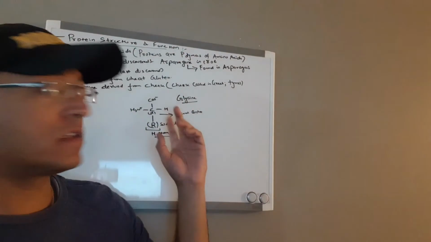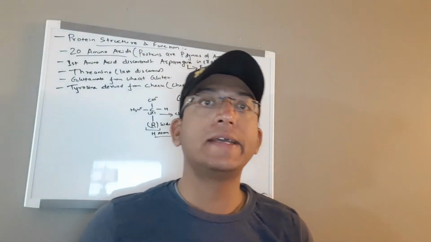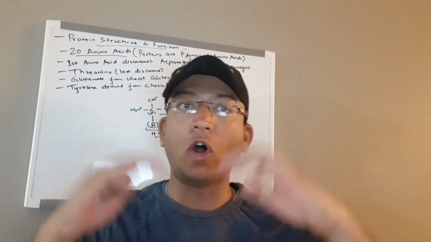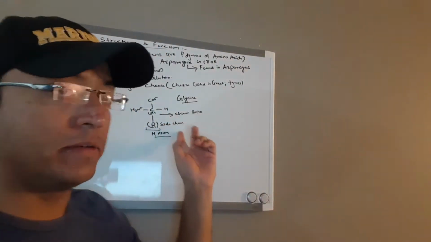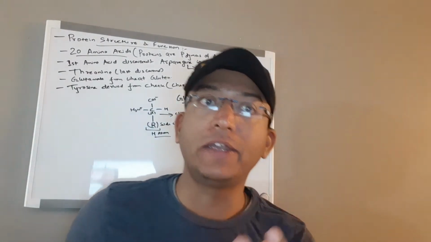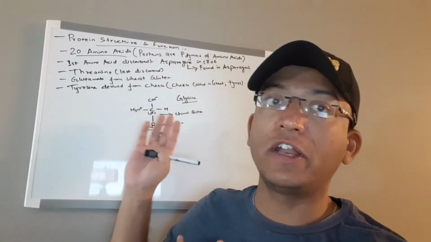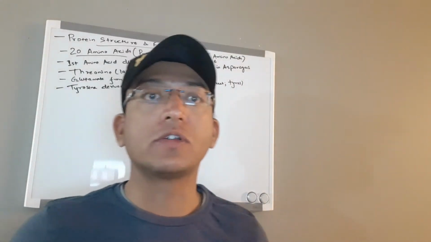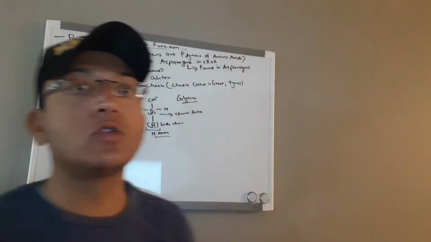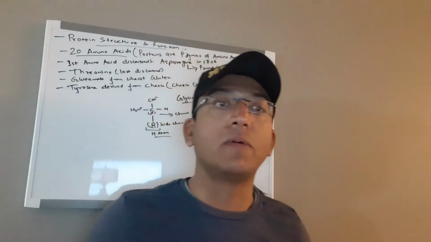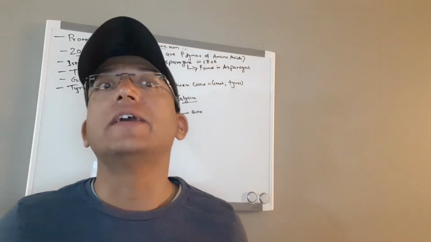Why is it a chiral center? Because of the tetrahedral arrangement of the bonding orbitals around the alpha carbon atom. The four different groups can occupy two unique spatial arrangements, and thus amino acids have two possible stereoisomers, which are non-superimposable mirror images of each other.